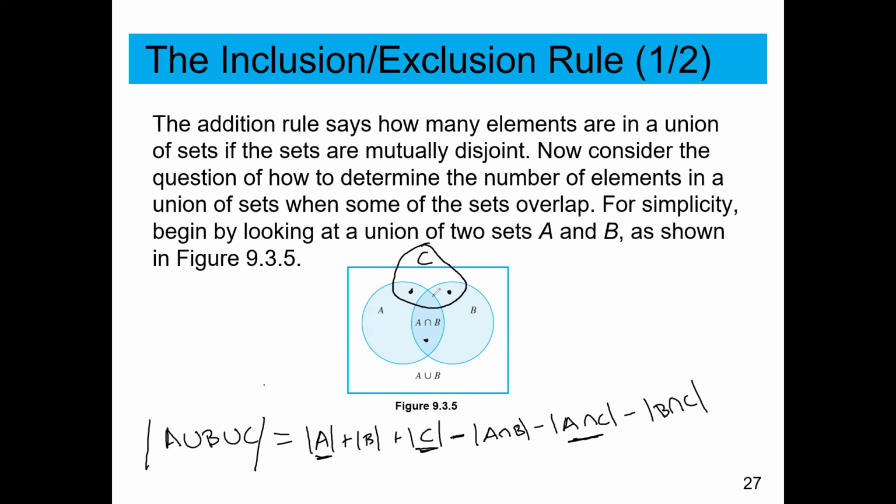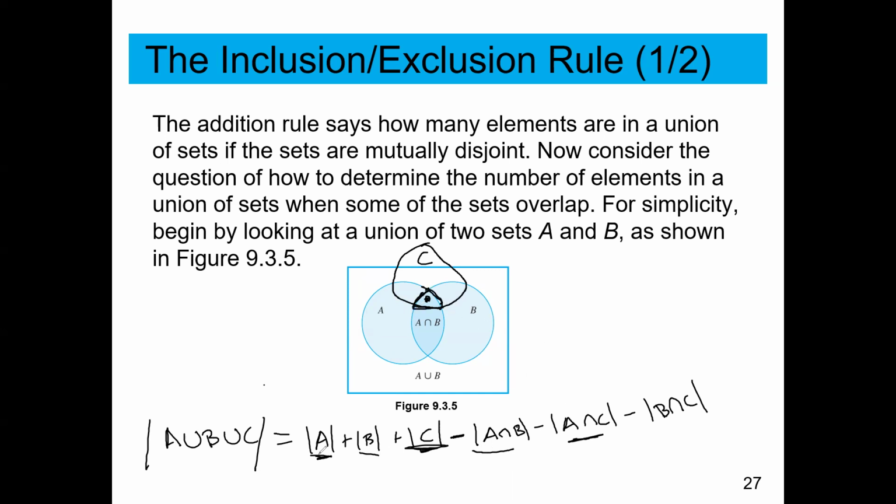But what about something that lives right there in the middle, in the overlap of all three of them? Well, I'd count it 1, 2, 3 times because I counted it in A, B, and C. Then I removed it because it's in the intersection of A and B. I removed it when I did the intersection of A and C because it's in here. And I removed it in B and C, which is here.